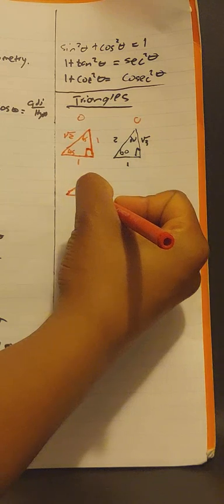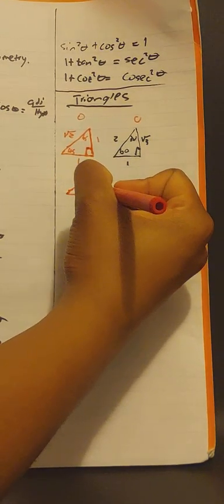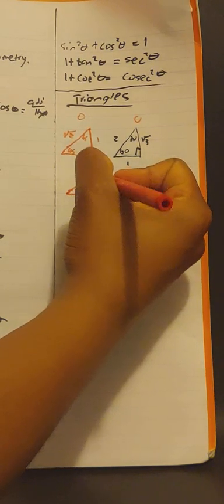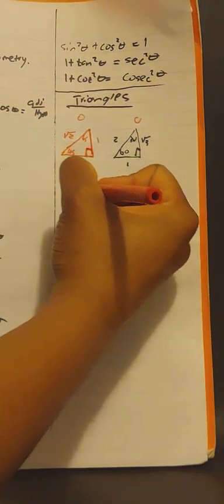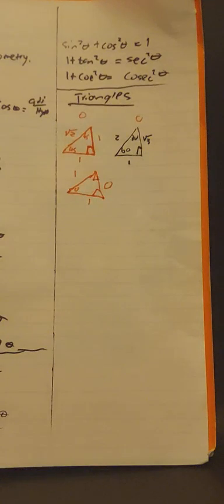And the last one, it's of 90 degrees and 0 degrees, 1, 1, 0. Those are your triangles. They are very important.